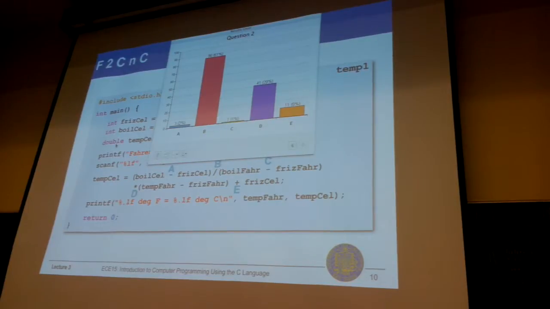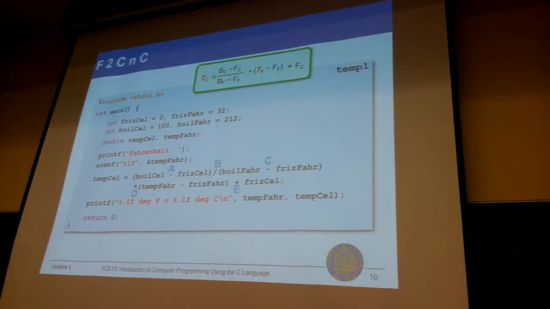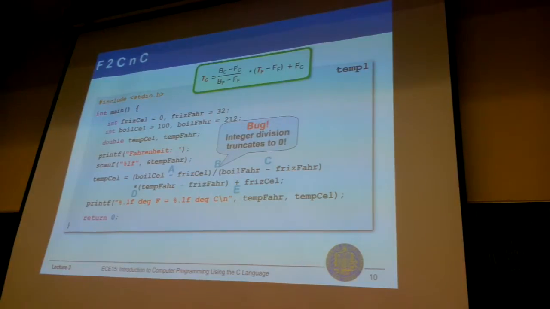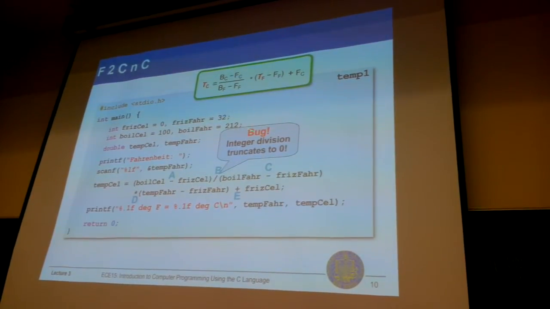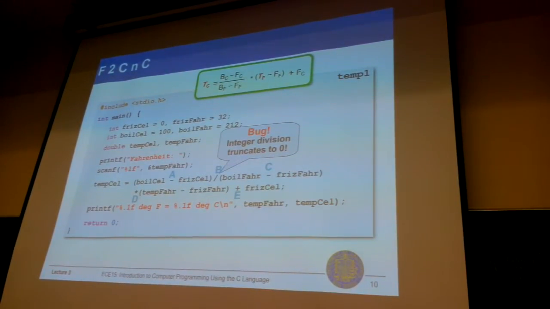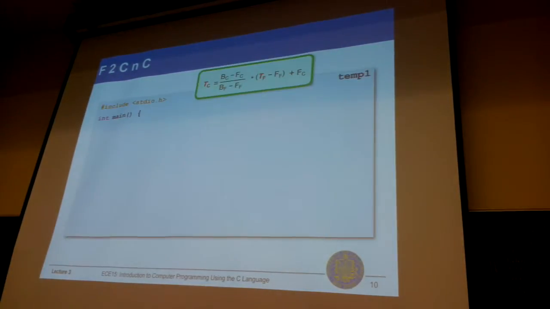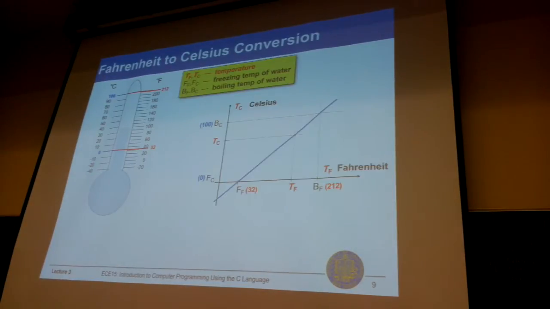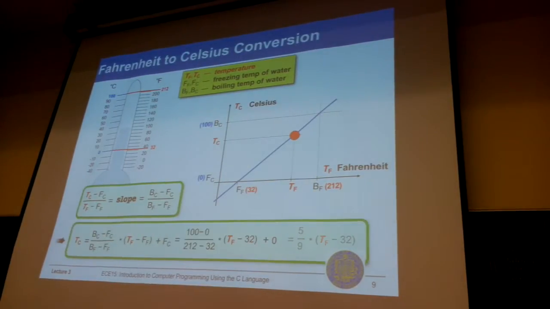But it turns out that the division was the big problem here, right? And let's take a look at why that was the case. So it turns out that we have a bug here, which is we end up getting an integer division that truncates to 0. And if you take a look at the equation, if we go back a slide, we had this 5/9, right?